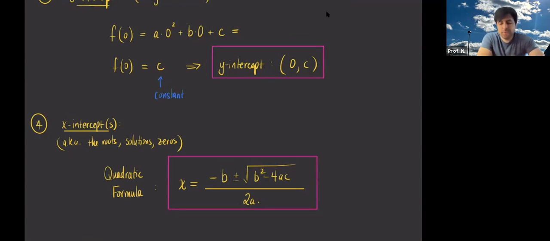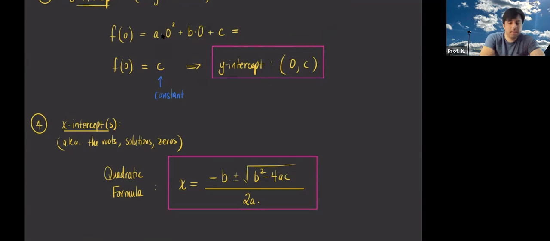So based upon the general form, I could figure out whether the graph opens up or downward. I can figure out the axis of symmetry. I can figure out the y-intercept, and I can figure out the x-intercepts.